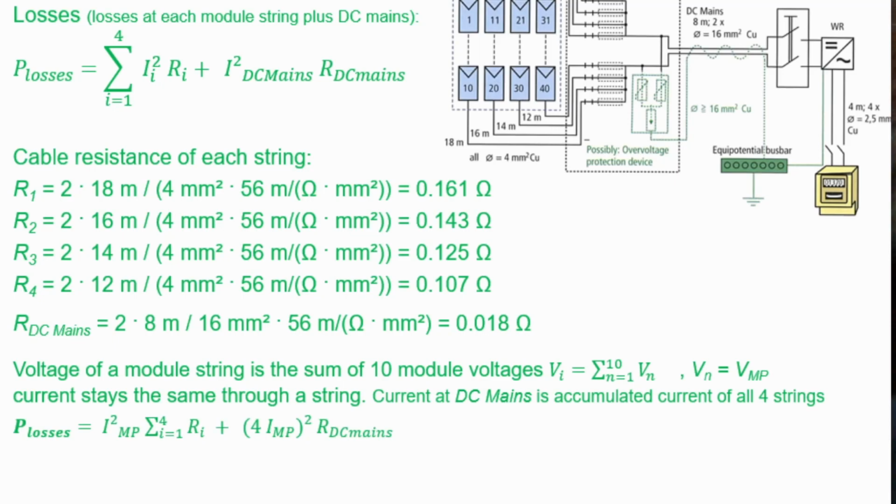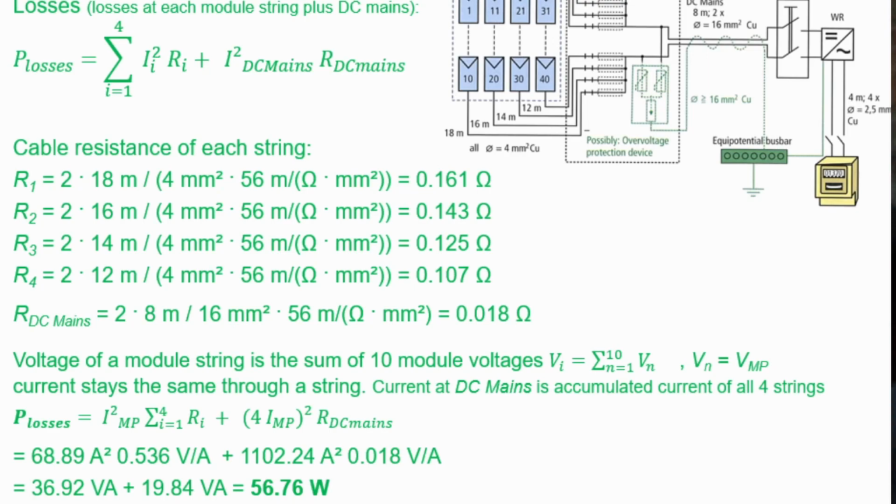And the current at the DC main is 4 times that current, because all strings are interconnected before the DC mains. If we put in the values into the same formula as above, we have here the losses of 56.76 watts.